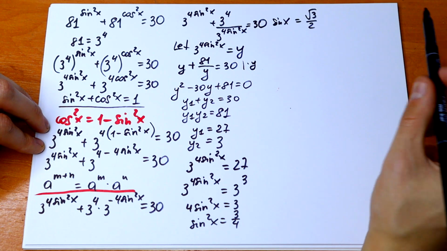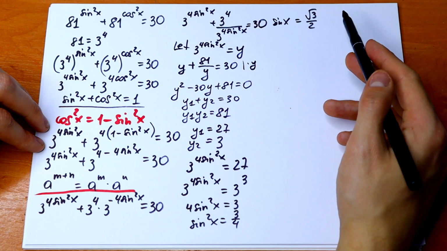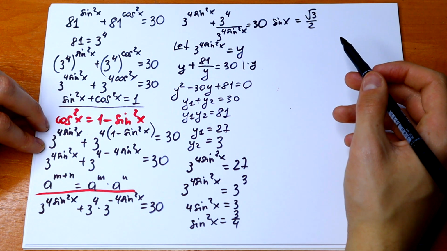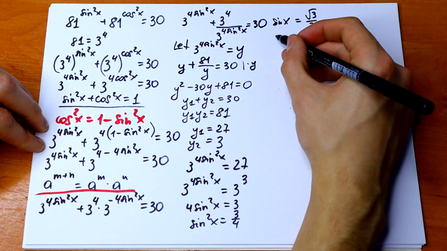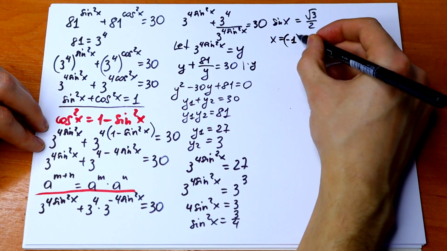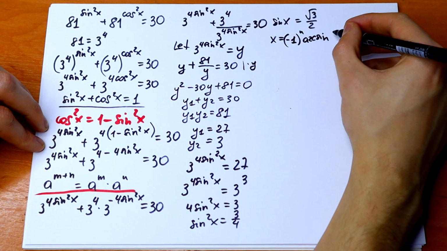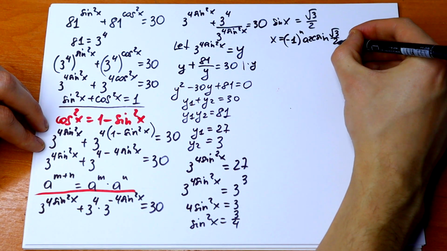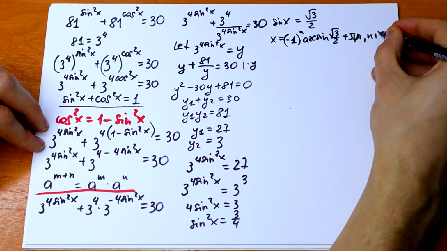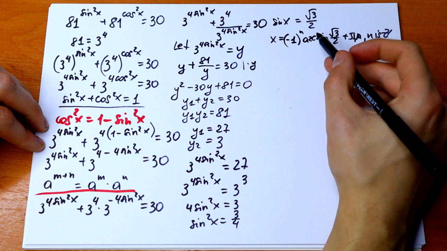So we know that sine x equal to square root of 3 over 2 is equal to pi over 3. So let's write a general solution to this. We will have x equal to minus 1 to the power n arcsine square root of 3 over 2 plus pi n, n is in Z. So let's simplify this.